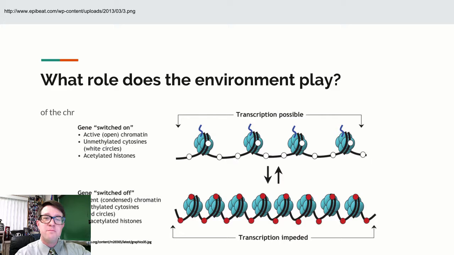I can remove things called methyl groups, which is demethylation. Those two things, for whatever reasons, tend to make it easier for transcription. If I want to make it harder, what I would do is just do the opposite. I remove the acetyl groups, so deacetylation, or I add on methyl groups, or methylation.